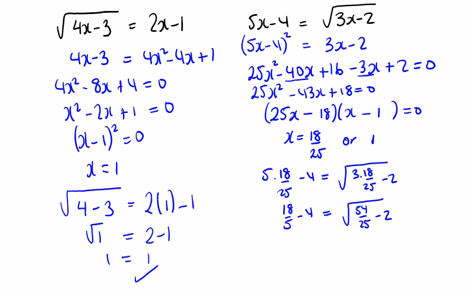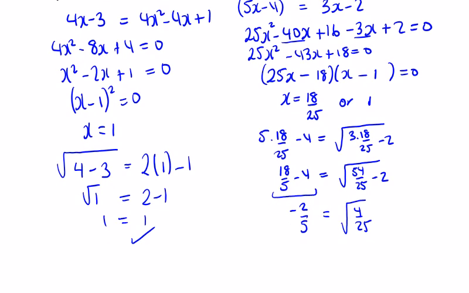Actually, I don't need to. I can see that this number here is going to be negative. It's going to be 18 over 5 minus 20 over 5, which is minus 2 over 5. So that can't be equal to the square root of the other side. So we have 54 over 25 minus 50 over 25. So that's the square root of 4 over 25, which are both square numbers. So minus 2 over 5 can't be equal to the right, which has to be positive. So 2 over 5 is not equal to minus 2 over 5.